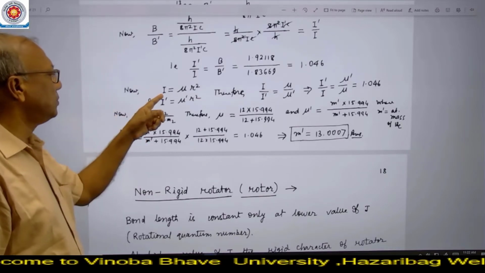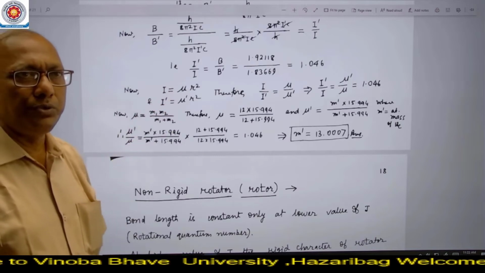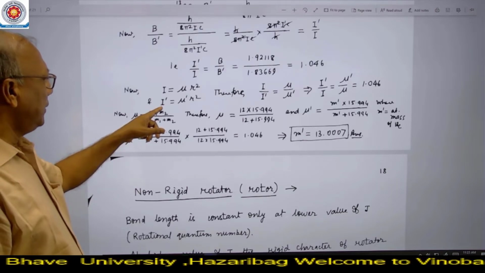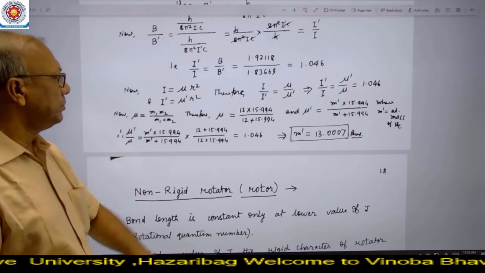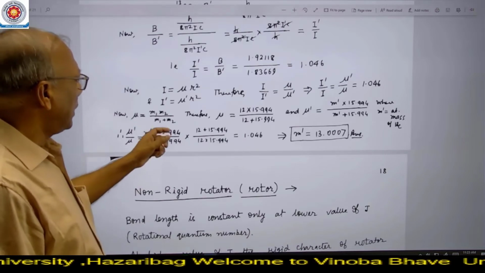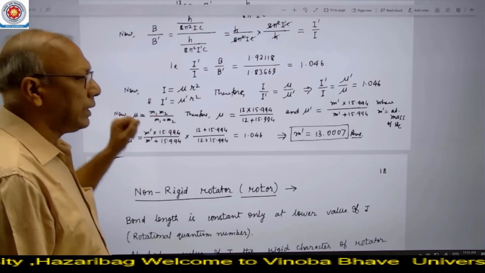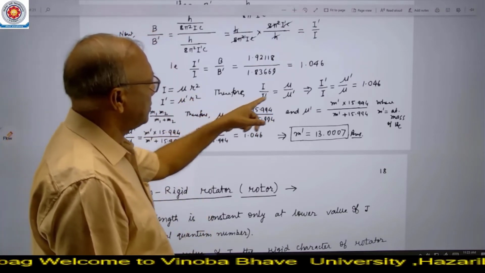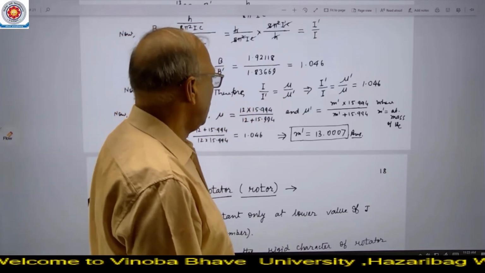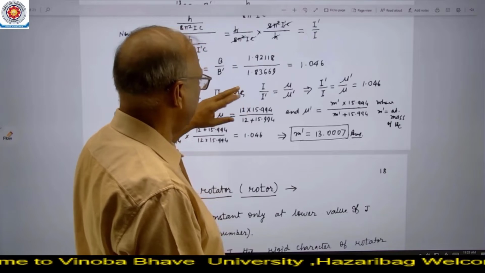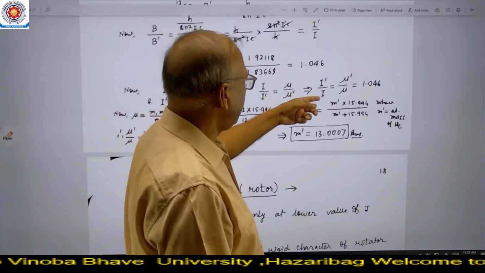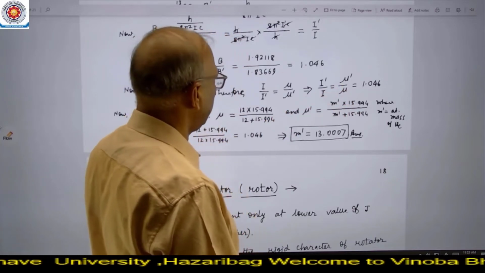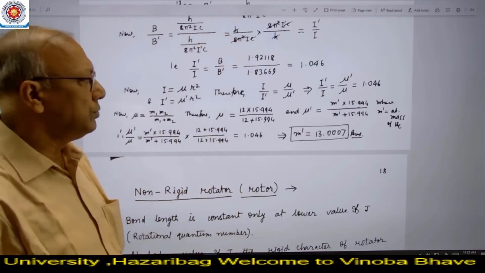For the normal molecule, I is equal to mu r square, but for the substituted carbon atom, we can write I prime is equal to mu prime r square. And again, if we take the ratio of I and I prime, then r square cancels out, and it becomes mu by mu prime. Or if we change numerator with denominator, then I prime by I is equal to mu prime by mu, which is the calculated value. So this is equal to 1.046.